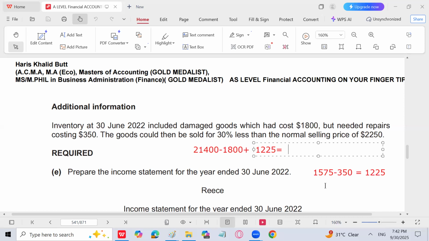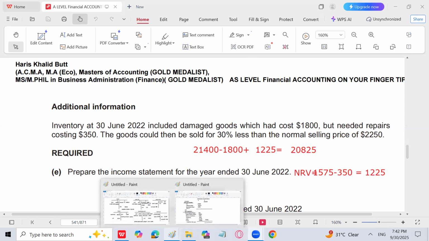But it can be sold for 1575 only after a repair cost of 350. So the NRV is going to be 1225. Rather, we have recorded it at 1800, which is wrong. So 1800 will be subtracted and 1225 added. What is the amount? 20825. So inventory is going to be written with an amount of 20825.